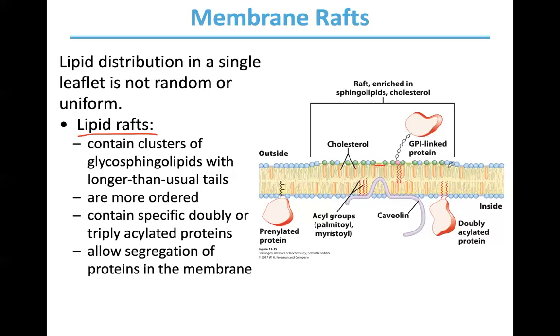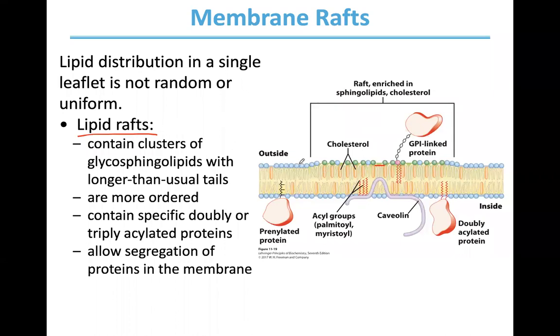And obviously they also stick to each other. You can see there's a lot of cholesterol here, and cholesterol kind of glues these all together. And so lipid rafts are lipids which are glued together and they travel all together. And so that's why they're called rafts.